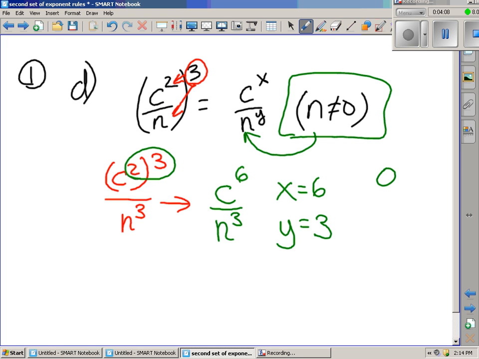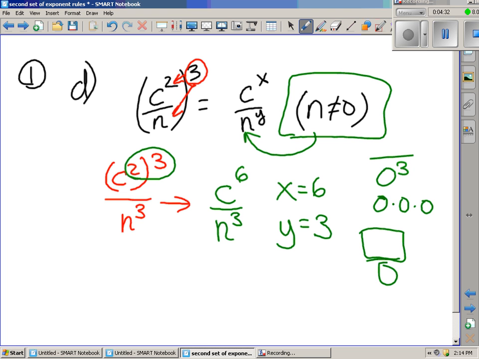n is not equal to 0. The reason is that if 0 were in place of n, and let's say that we used our power of 3, 0 times 0 times 0 would give us 0. And if you have 0 in the denominator, it causes an issue.